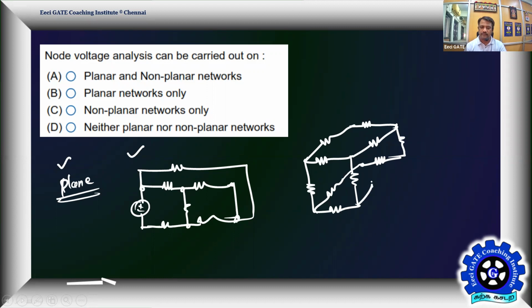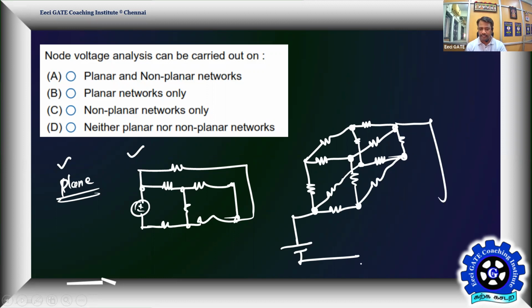Hope you understand. Refer only to the dark connections. I can give you so many resistors, 3 and 4, total 12, 3 into 4 is 12. So this is a good example of a non-planar circuit.